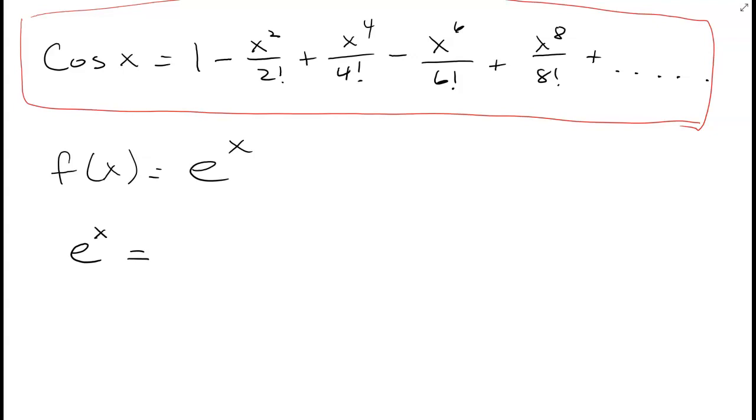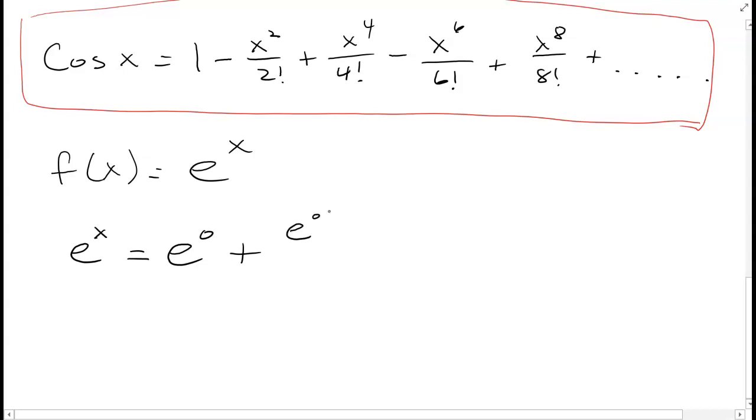So let's see. The first function, of course, is just f at 0. That's just 1, because e to the 0 is 1. What do we get for the first derivative? The derivative of e to the x is e to the x. So you get e to the 0, because remember, we're just going to center at 0 for now.